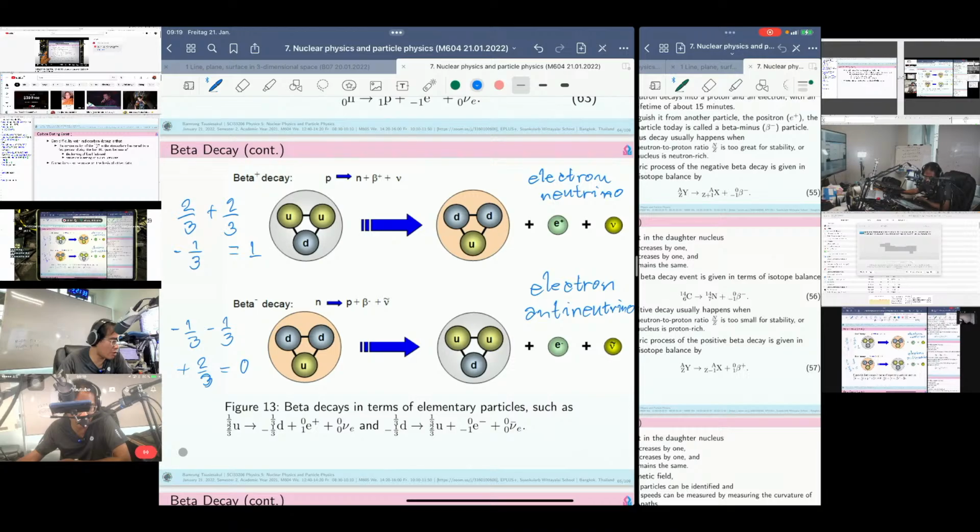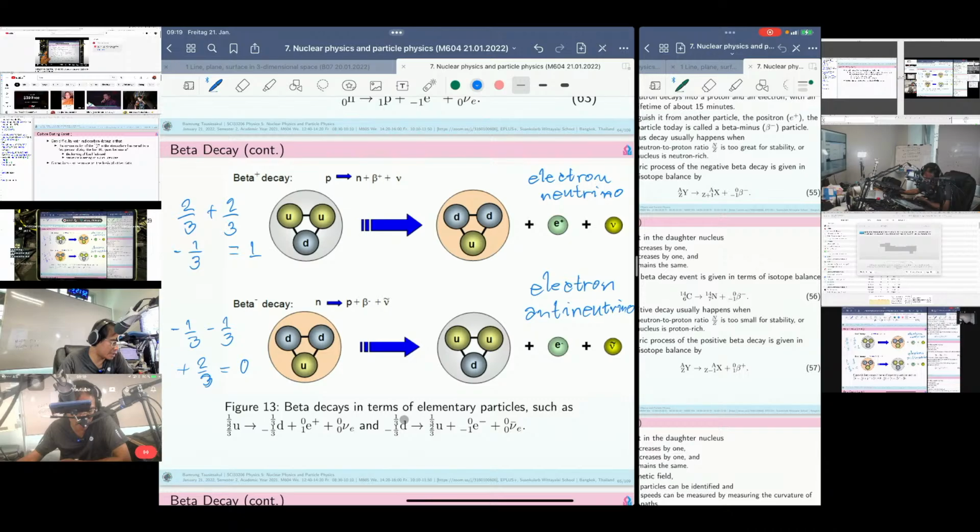We have to write down that an up quark turns to be a down quark, together with a positron and electron neutrino. And for the beta minus decay process, one of the down quarks turns to be an up quark, and that's why you have two up quarks as the output here.